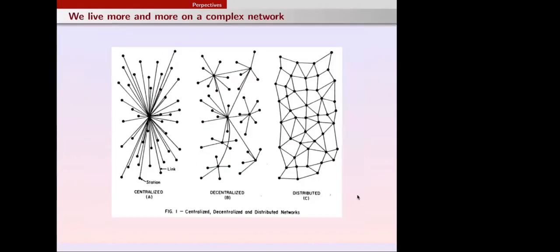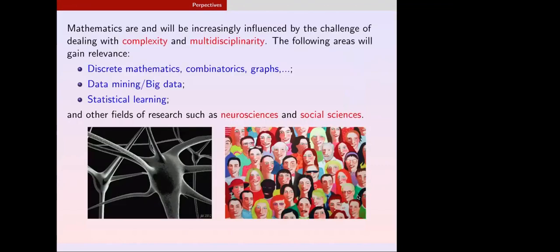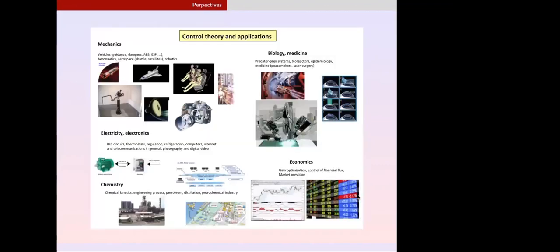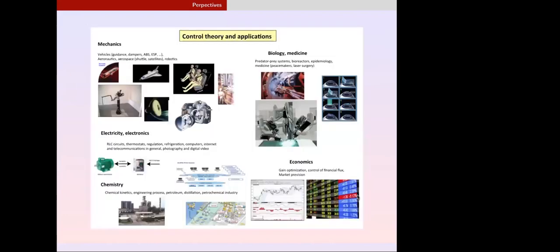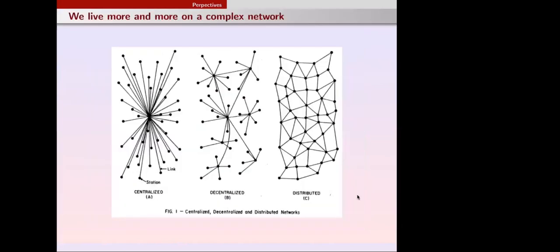So you will not only be dealing with the classical problems of, say, applied mathematics, as those I presented before, like mechanics, electricity, chemistry, biology and economics. But oftentimes you will be dealing with problems of a very high level of complexity, in particular in which network theory will be extremely important, right?